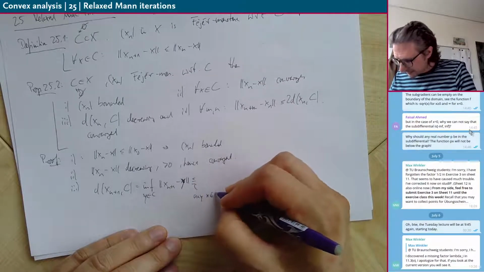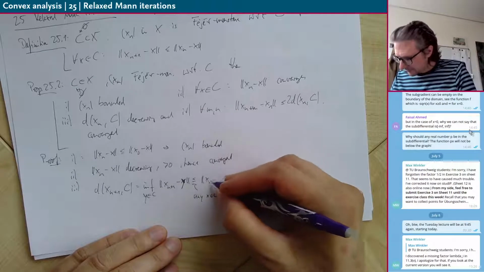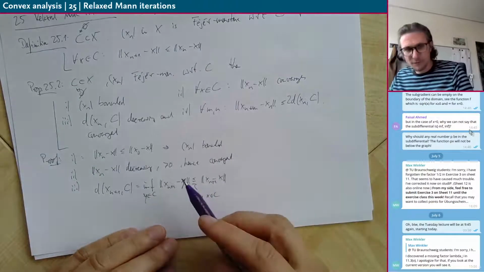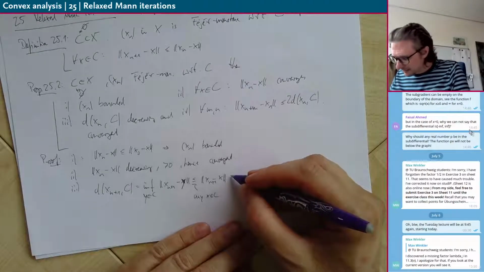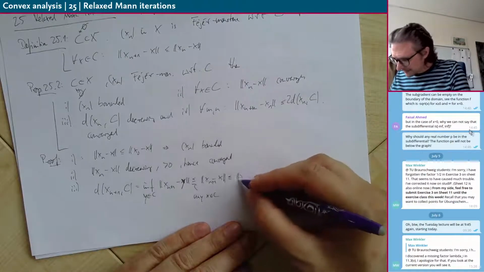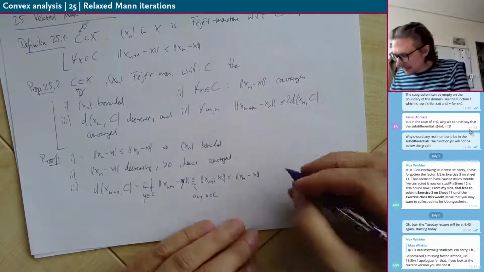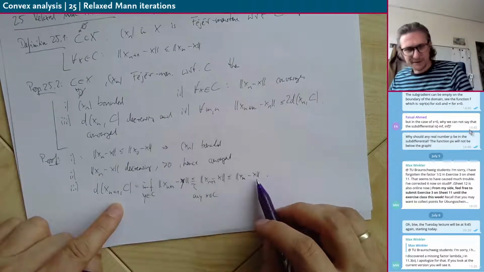For any x in C, you can estimate it from above by plugging in one special thing: take a y and use the infimum over all y. Now we know that x_n is Fejér monotone, so we can estimate like that. And now we take the infimum over all the x in C, and we're done.